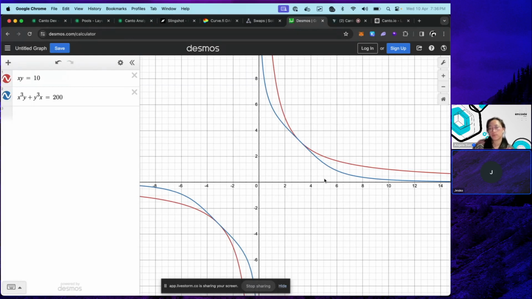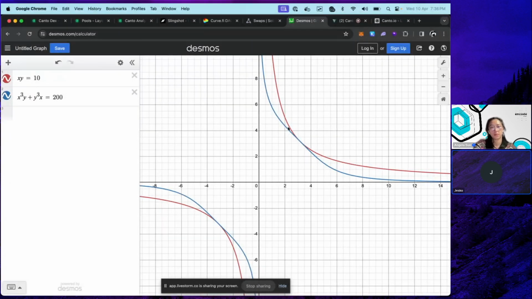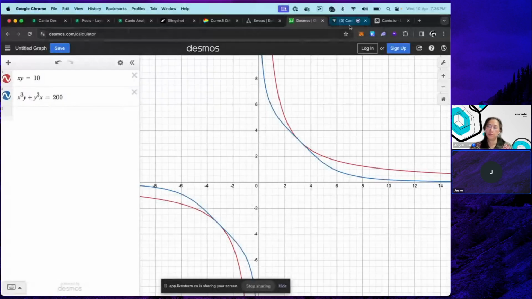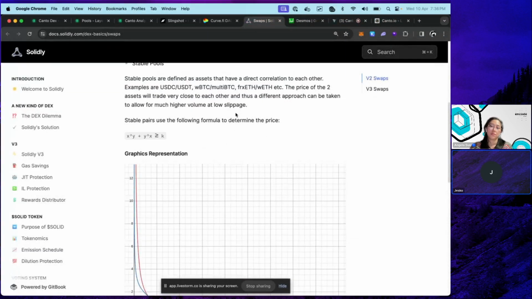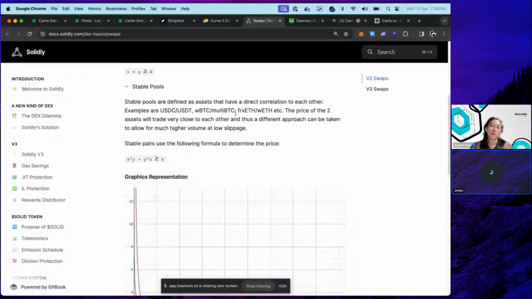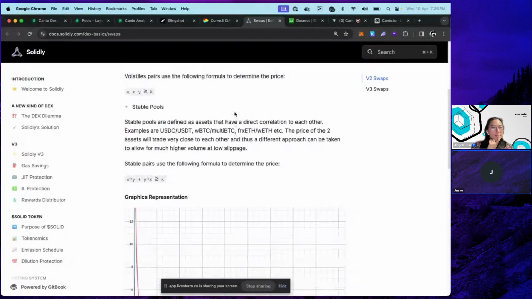Here we can see that the blue graph, which is for stable coins, provides much more leniency towards the point where these converge. That essentially means that when the prices of these tokens are together, very close to each other, which is the assumption we operate under in stable swaps, we come up with a more efficient mathematics to swap stable coins, right?